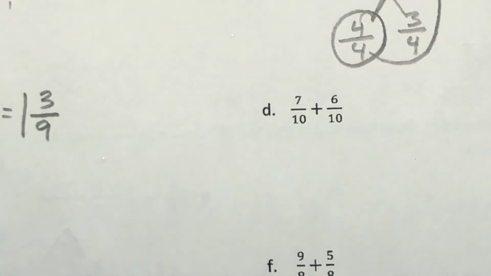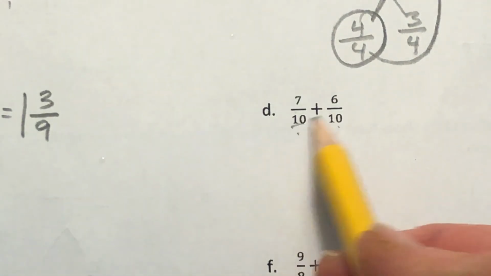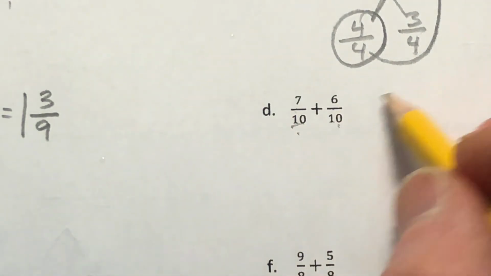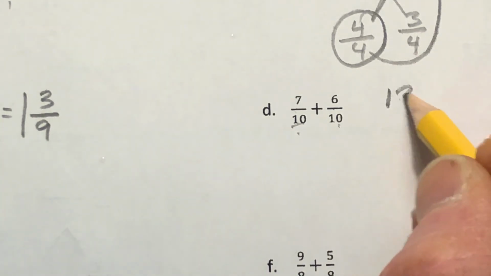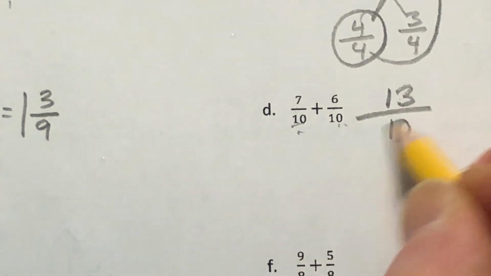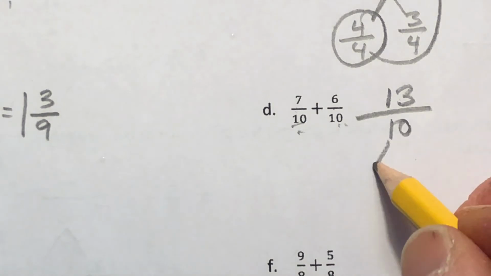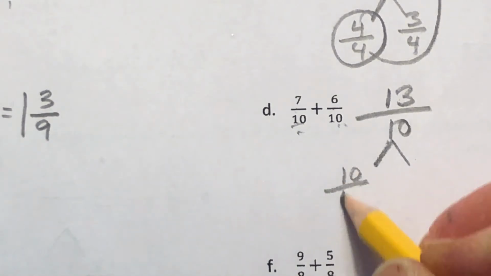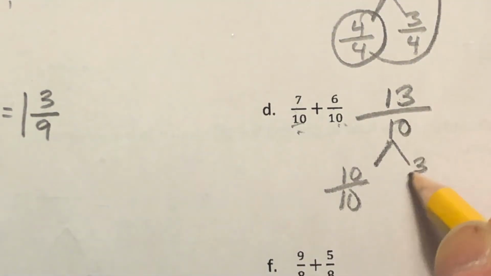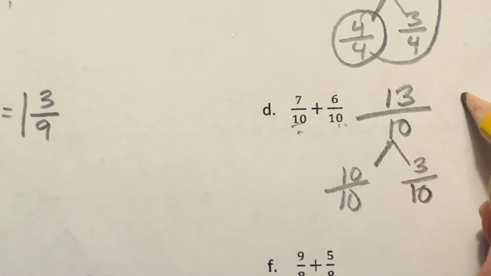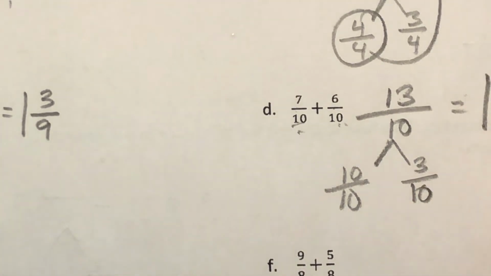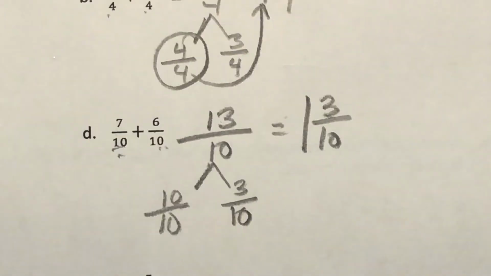How about 7 tenths plus 6 tenths? Dealing with tenths? Great. So 7 plus 6 is 13 tenths, right? So 10 tenths is 1 and 3 tenths left over. So it'd equal 1 and 3 tenths. Oops, I'm off the page.